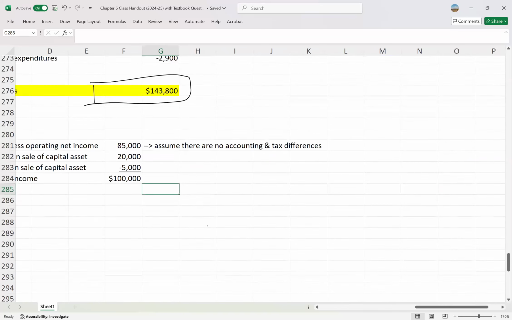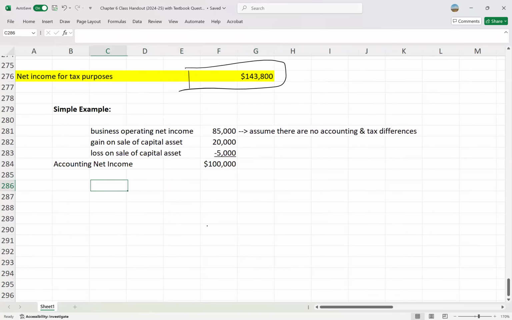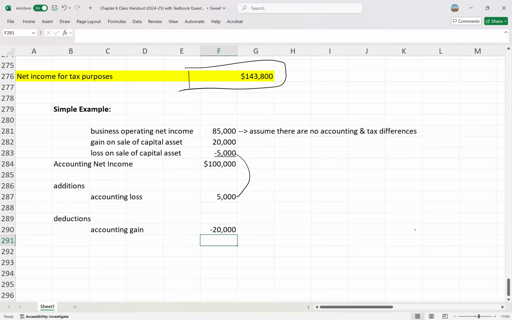So in this simple example, the accounting loss, we're going to remove it by adding back 5,000. And the accounting gain, we're going to remove it by deducting it. So you can see here that the loss will now be eliminated. The gain will now be eliminated. So that's the first step.